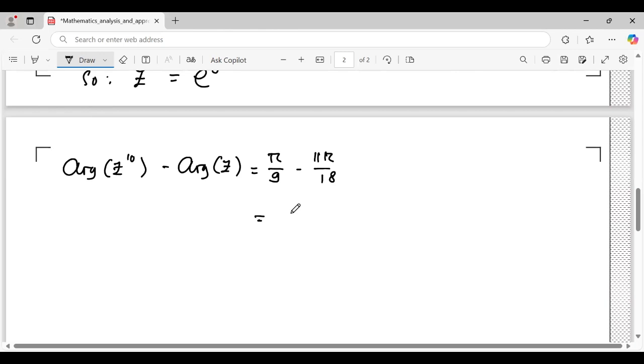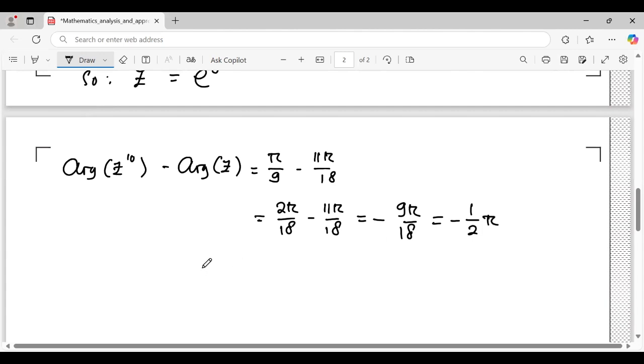Let's make the same denominator, times 2: 2 pi over 18 minus 11 pi over 18. And it is minus 9 pi over 18, or simplified, it becomes minus 1/2 pi.